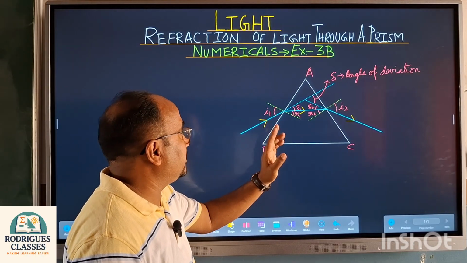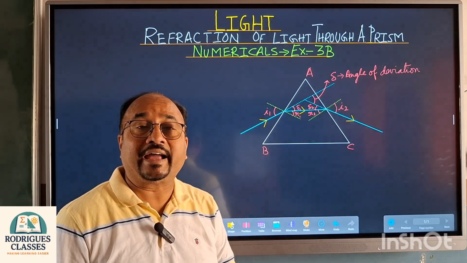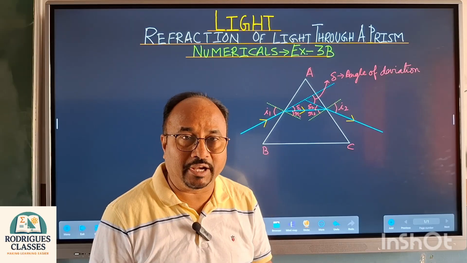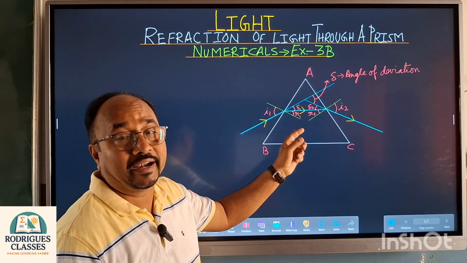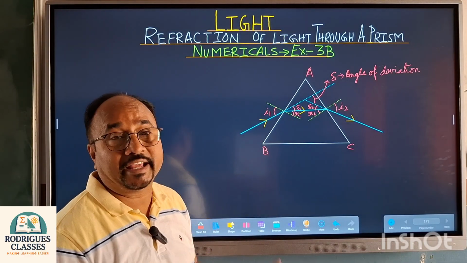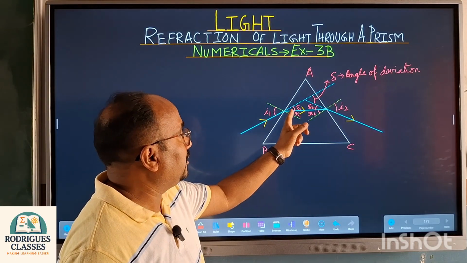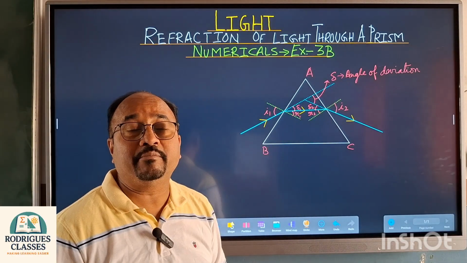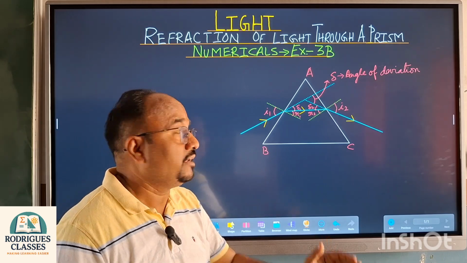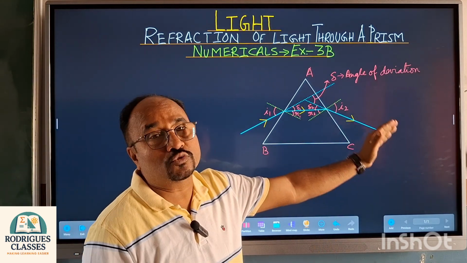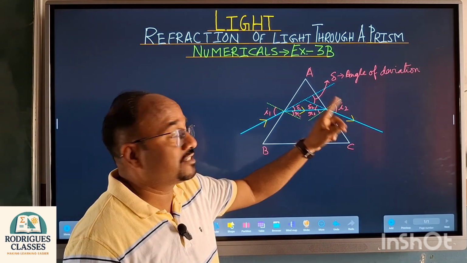So when it bends here, R1 is the angle of refraction at the first surface, and because the ray has got bent, the first deviation takes place here, which is written as delta 1. Then it goes and strikes the second surface AC, and it is coming out from glass to air, that is from denser to rarer.